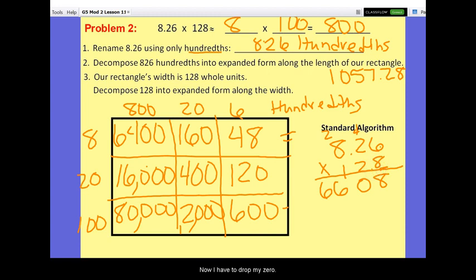Now I have to drop my 0 because I'm moving over to my tens place. 2 times 6 is 12. 2 times 2 is 4, plus 1 more is 5. And 2 times 8 is 16.